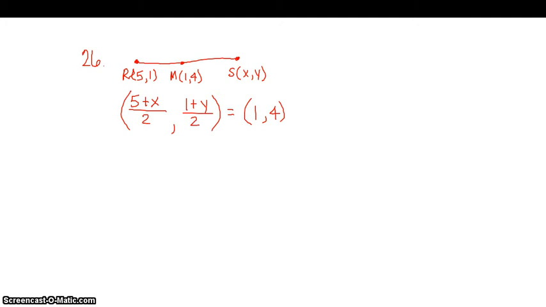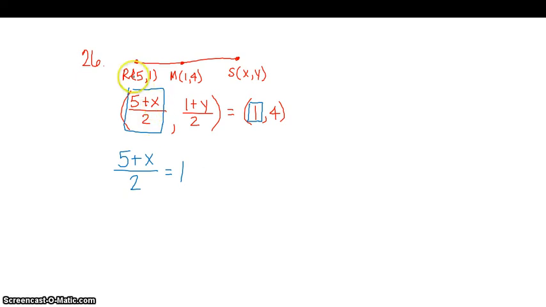Okay? So then, let me change colors here. Now I need to set up two separate equations because I have two separate variables to solve for. I'm just matching the locations. This represents the x values in this ordered pair, and this represents the x value in this ordered pair. So (5 + x) divided by 2 has to equal 1 in the midpoint.